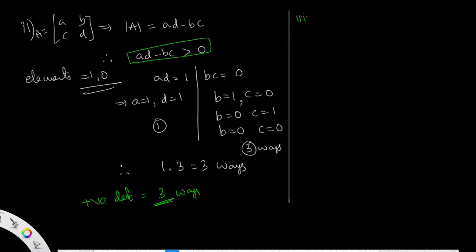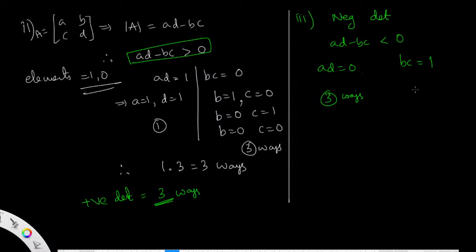Now the third one, negative determinant. That means AD minus BC must be less than 0. This can be done with AD equal to 0 and BC equal to how much, Nana? BC equal to 1 only, then we will get the negative value. AD equal to 0 is nothing but 3 cases, which we have just completed: A equal to 1, D equal to 0, or A equal to 0, D equal to 1, or A equal to 0, D equal to 0.